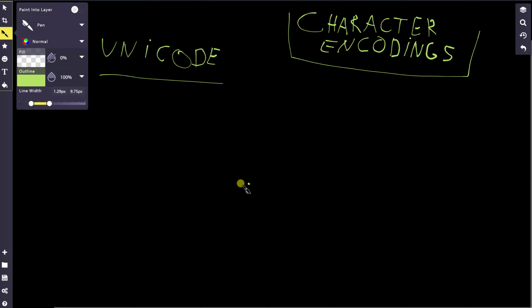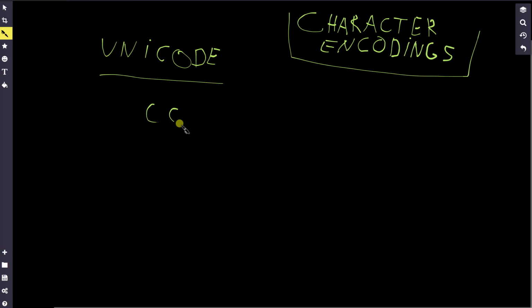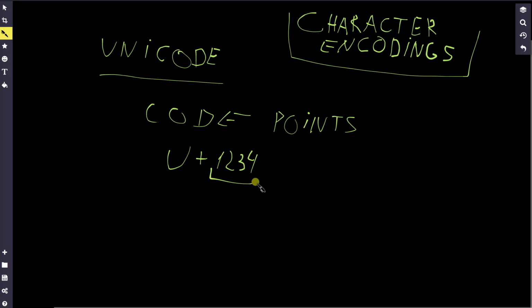Well, in fact, they introduced a new concept that is called code points. So a code point looks like this. The U means simply Unicode, then we have the plus, and then we have some number here. Please note that this number is written in hexadecimal, but once again you can convert it to binary easily.